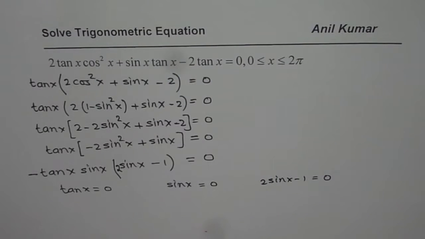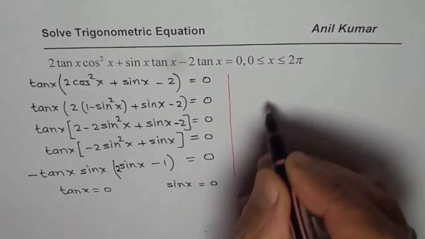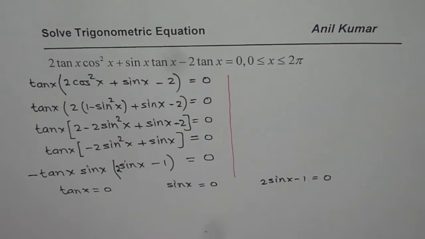So all these three are going to give me solutions for this particular equation, right? Now we'll find all possible answers for the given equation in the domain 0 to 2 pi. One by one we will take them up.